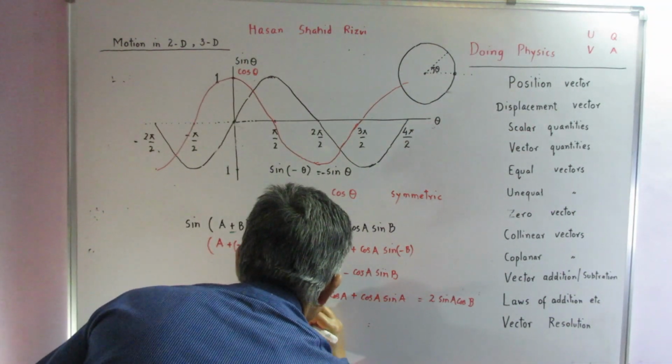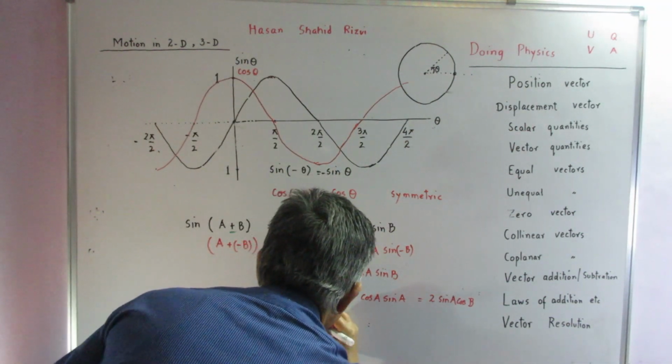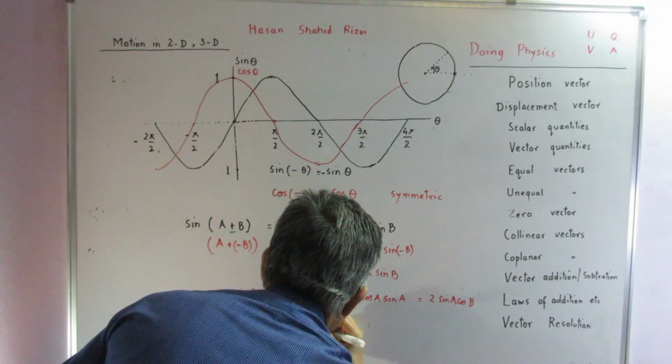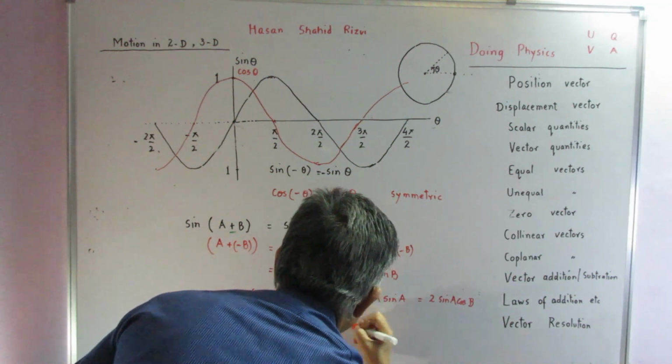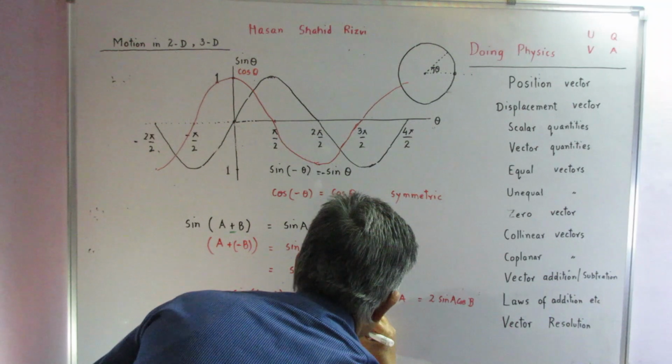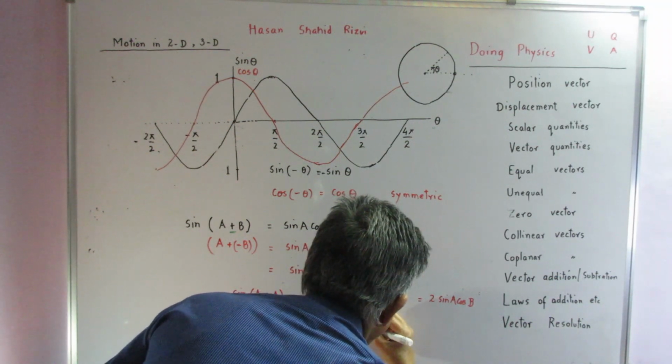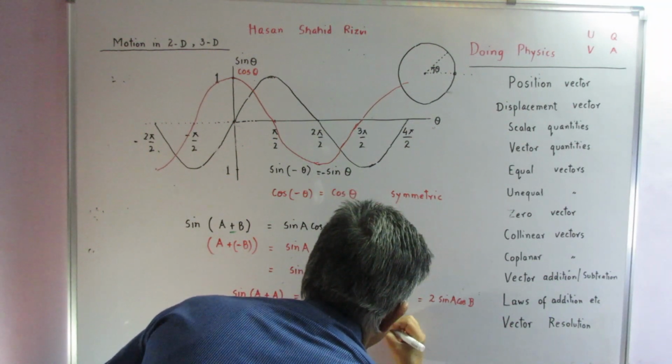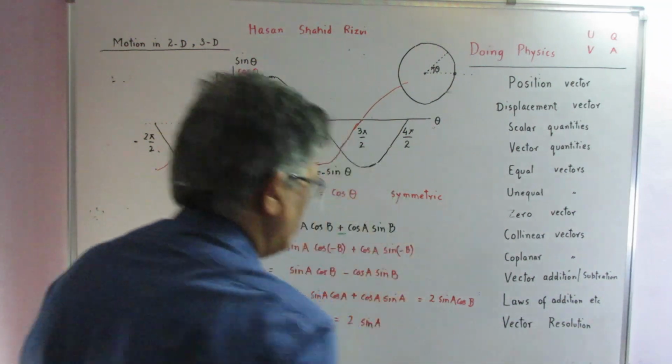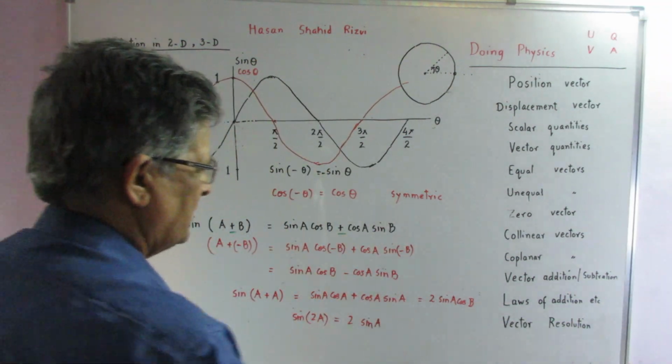Sine of 2A will remember as equal to 2 times sine A. Aha! I must be an idiot.